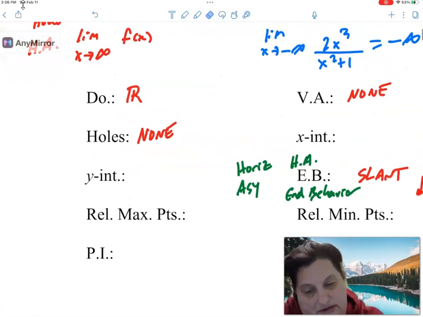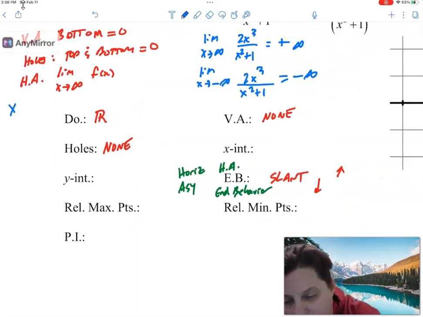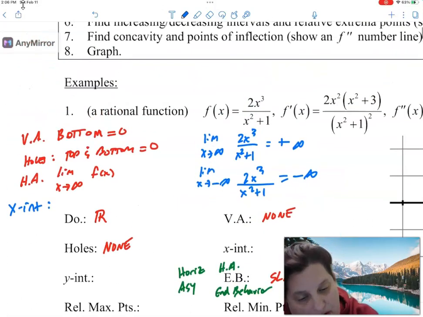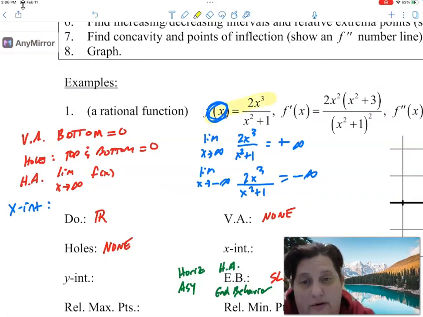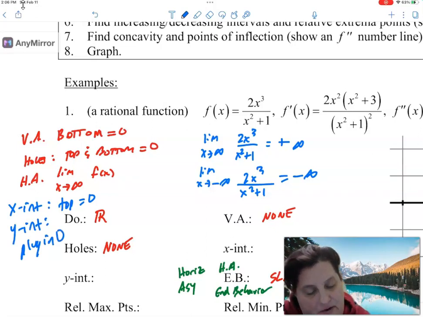What's next? Let's see. X-intercepts come where y equals 0. With a problem like this, where y equals 0, we're basically just looking where the top equals 0 when you have a fraction. So an x-intercept comes where the top equals 0, and a y-intercept comes from plugging in 0, okay?